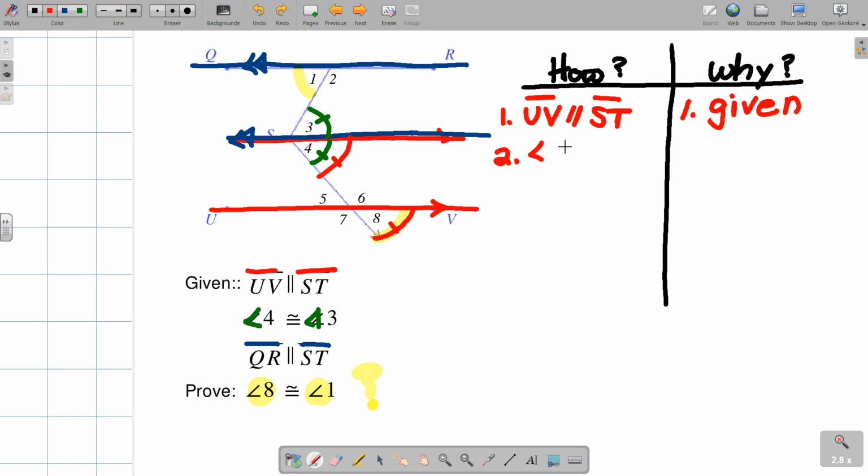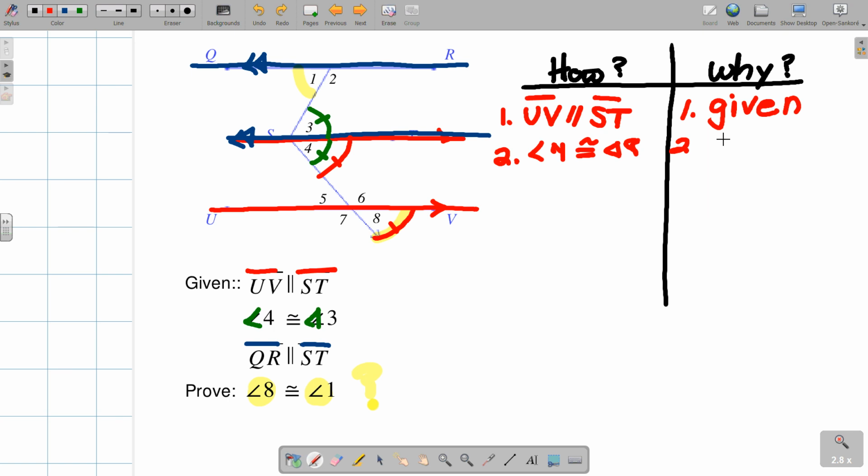Angle 4 is congruent to angle 8. And the reason why is because they're congruent angles. You would write it like this.